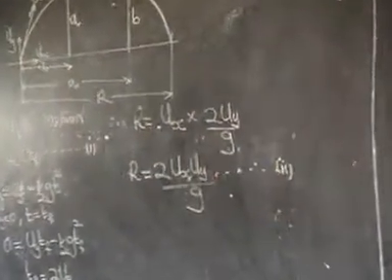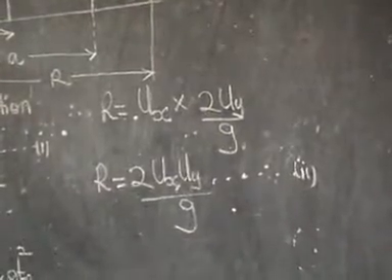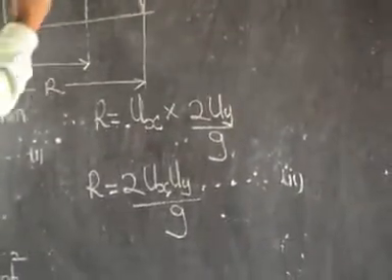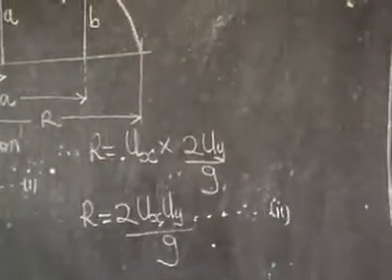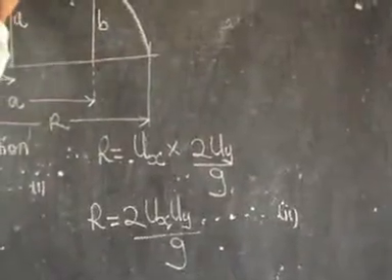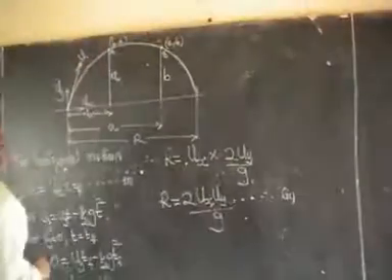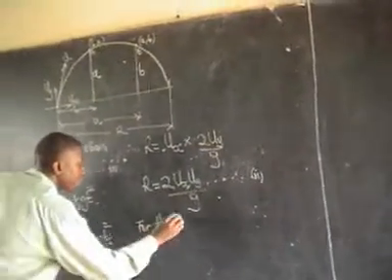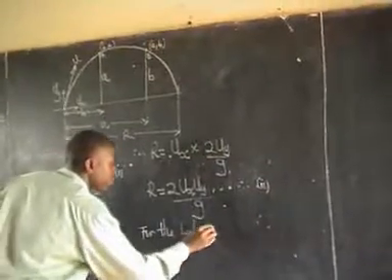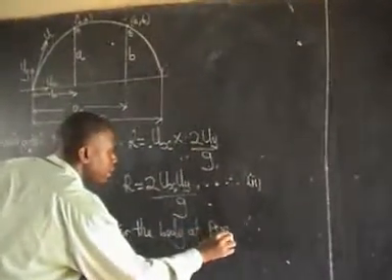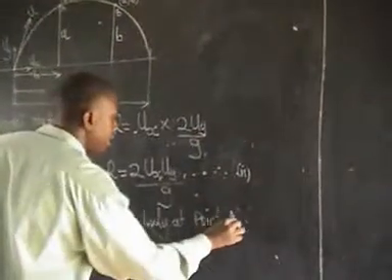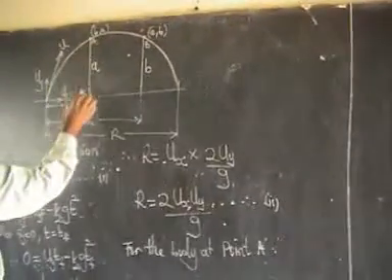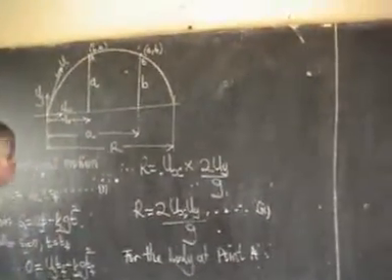However, we don't know the values of ux and uy. Therefore, we have to find a way of writing them in terms of the given values of A and B. So I'm going to start at this instant when the body is at point A. We are going to split this into two, for the vertical motion and horizontal motion.